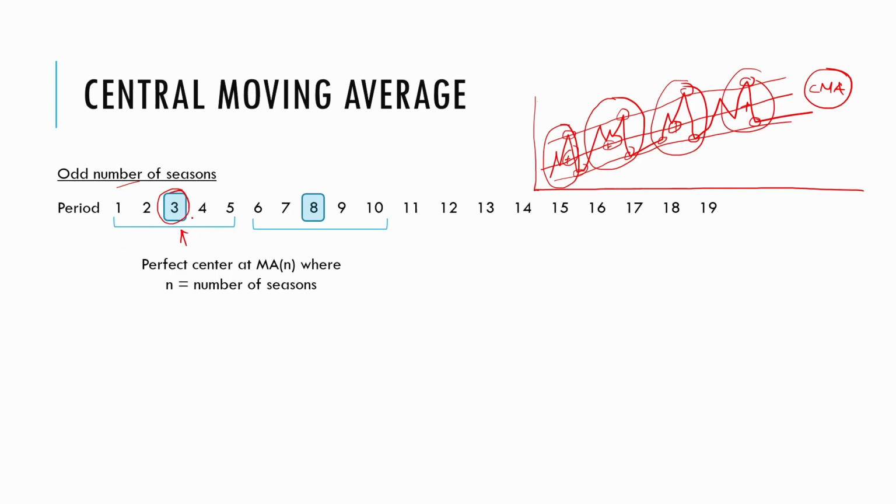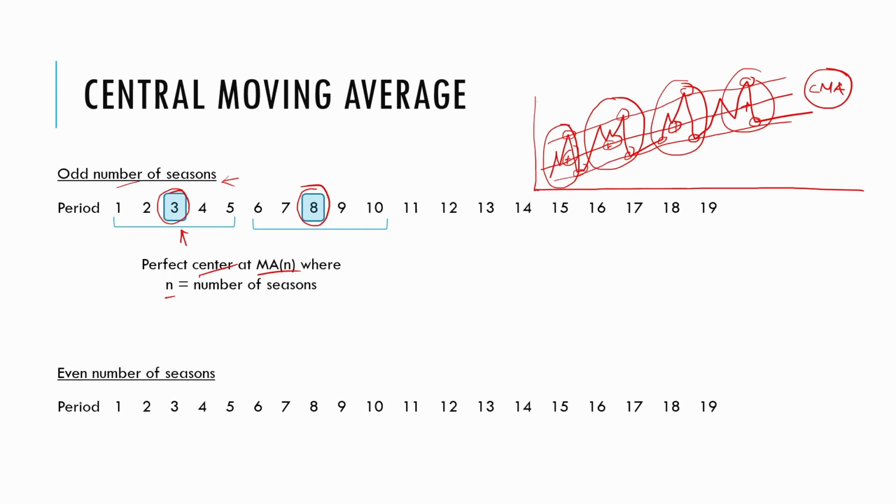Like in the case of 1 2 3 4 5, it will fall exactly at 3, and from 6 to 10 it will fall exactly at 8. So the moving average of n periods will lie at the perfect center. When you have an odd number of seasons, it is very easy to find the central moving average because it is just the moving average placed at the center of the series.